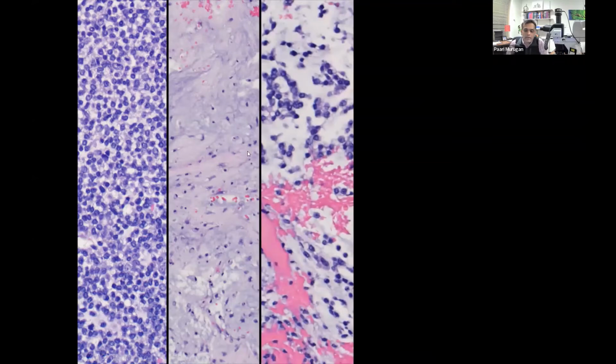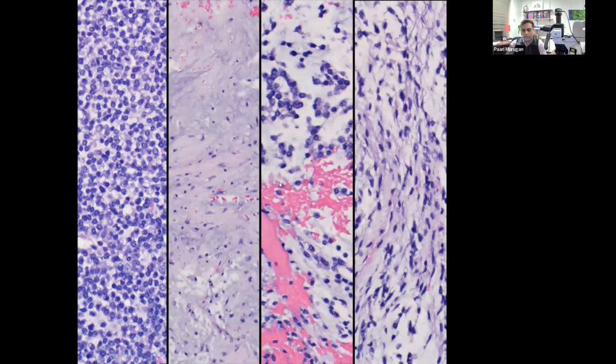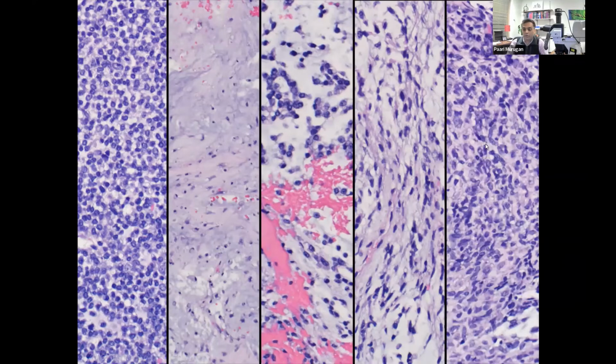And then, as we had in this particular case, unusual architectural patterns such as trabeculations, cords, or small tubular structures can also be seen. Once you see this, extraskeletal myxoid chondrosarcoma comes into the differential diagnosis. We also saw spindling of the tumor cells that can be present. Some cases do show a substantial amount of pleomorphism, as you can see here with apoptotic figures and mitotic figures.